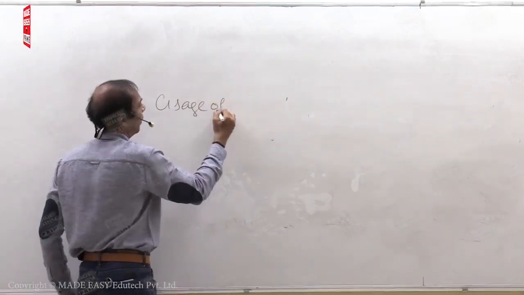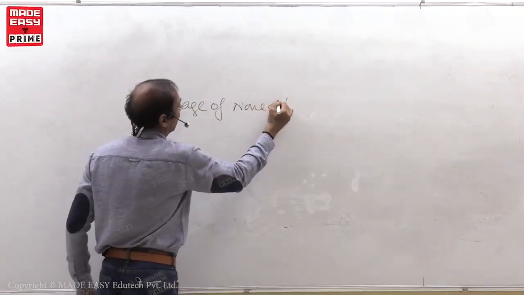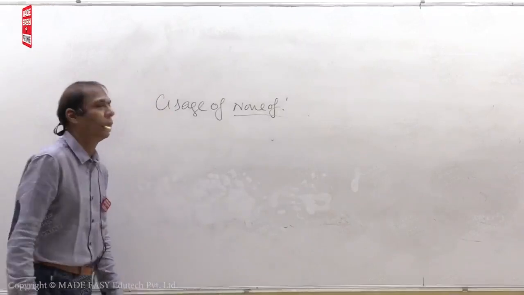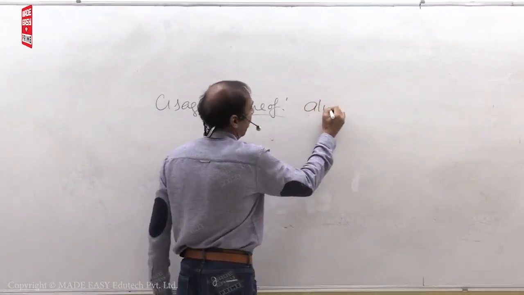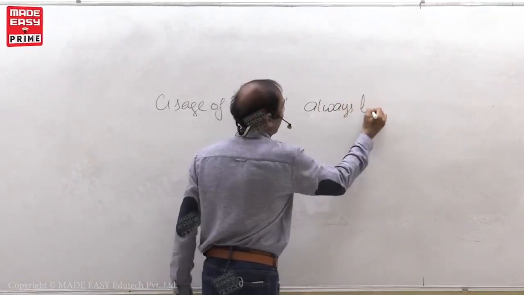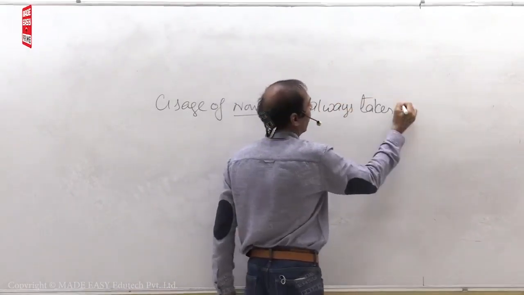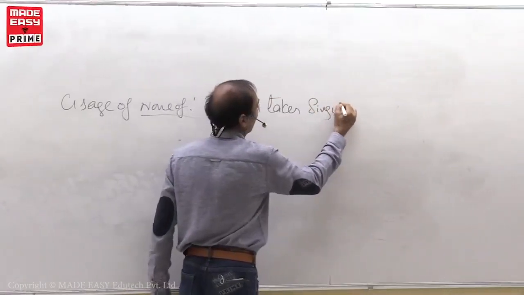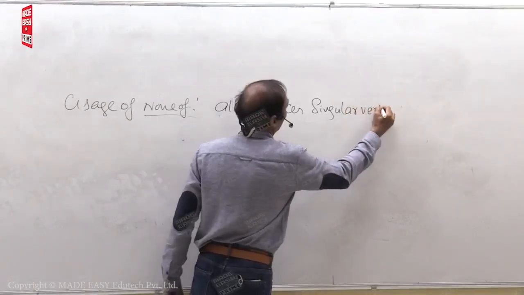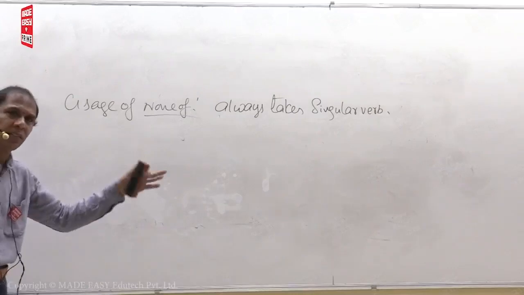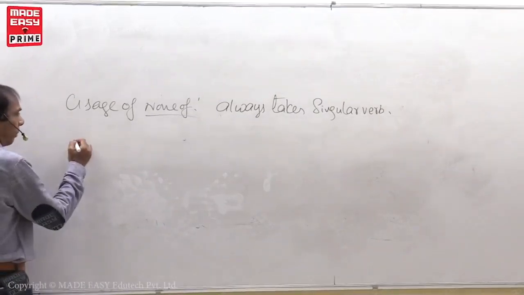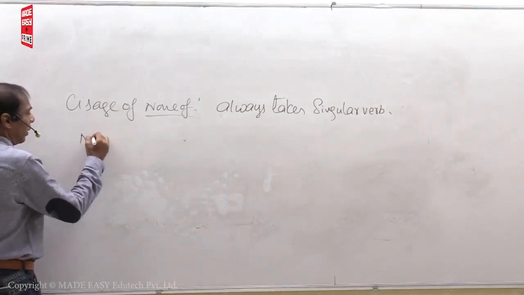Usage of none of. None of also always takes singular verb. Okay? Take the note here also.